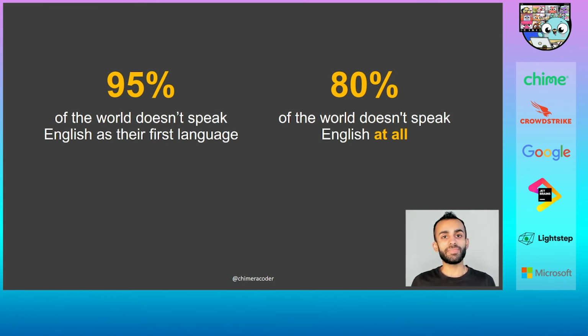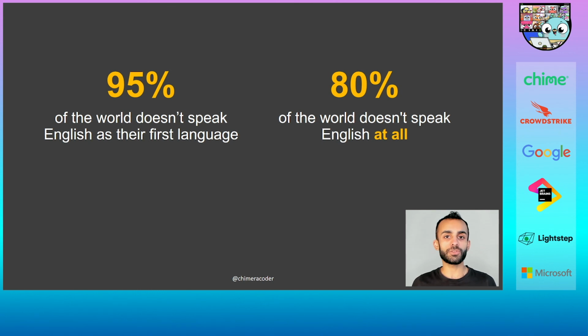We need to remember that 95% of the world speaks a language that's not English as their first language. And more than 80% of the world doesn't speak English at all. That's the vast majority of people who could be contributing to our projects today. But between native support for UTF-8 and an already very internationally diverse user base, there's no other language that's as well suited as Go is to being used by the entire world, not just those 5 to 20% who speak English.